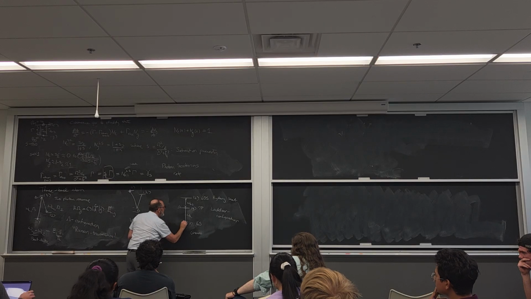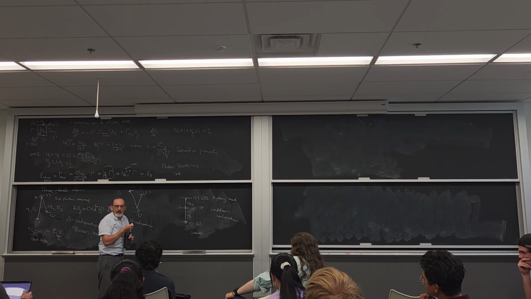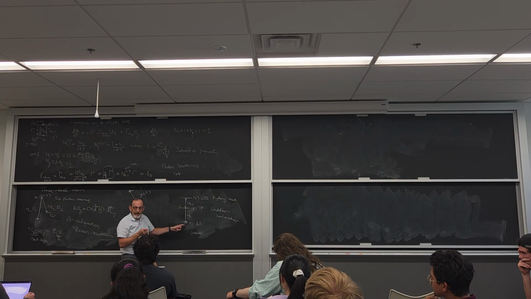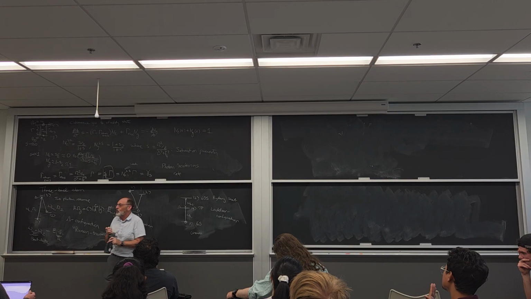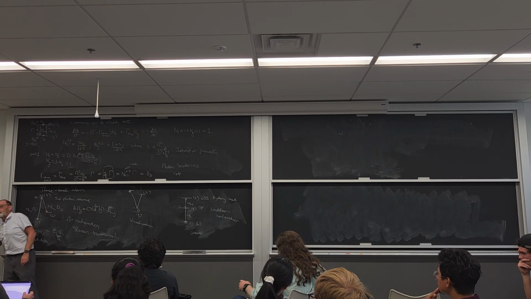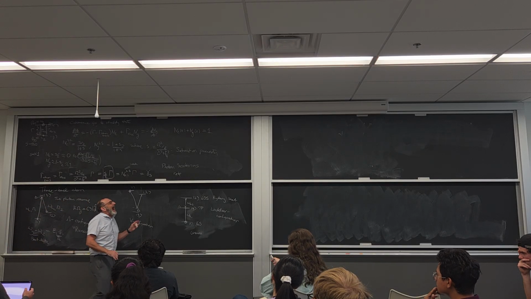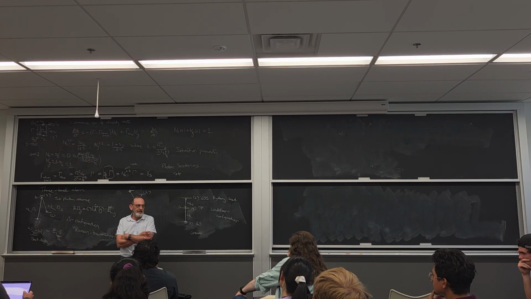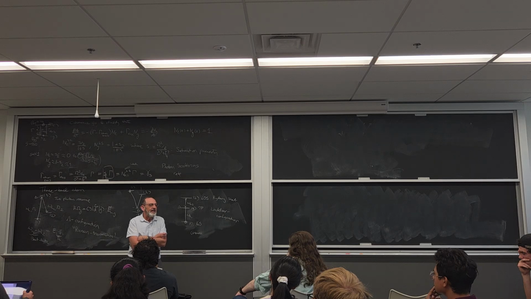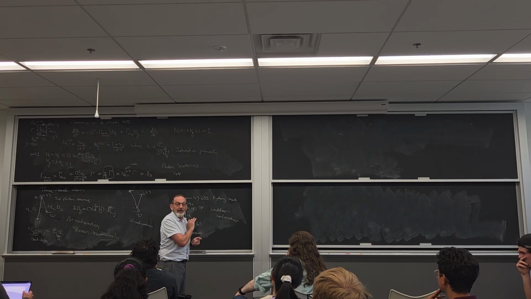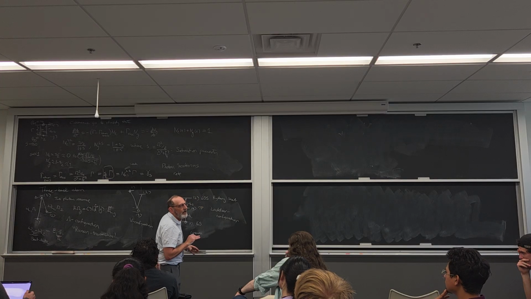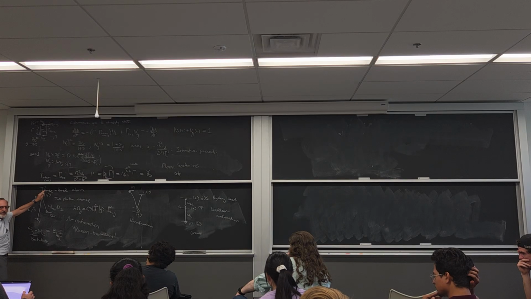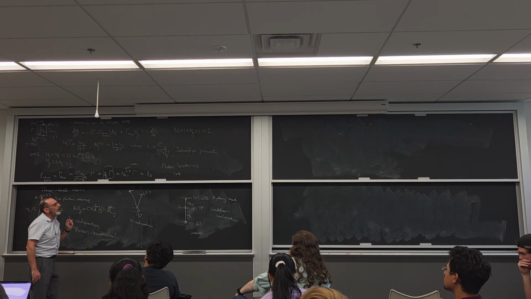Even though I need the 3rd level, there's no way I can go directly from 1 to 2, but I want to drive the system such that at the end of the day, I can effectively eliminate the 3rd level and treat it as our friend, the 2-level system, once again. That's kind of the most interesting case for us. It's not the only thing we're going to study. We're going to see other cases where we drive it on resonance with the 3rd level. There's all kinds of interesting physics there as well. But I want to focus on that.